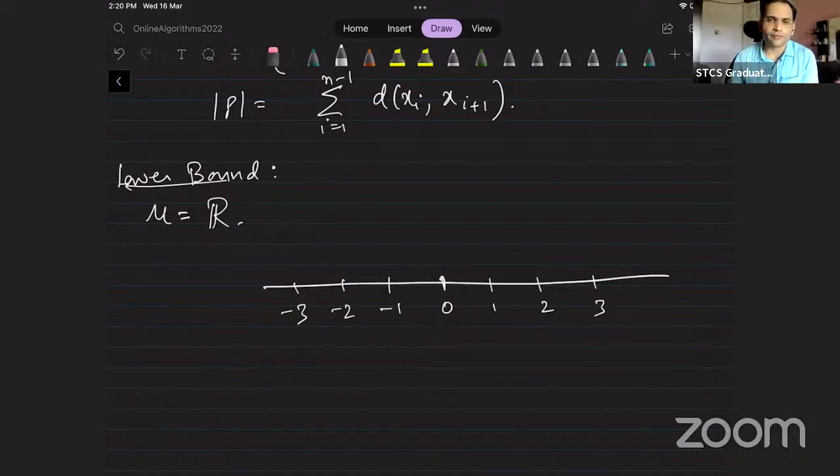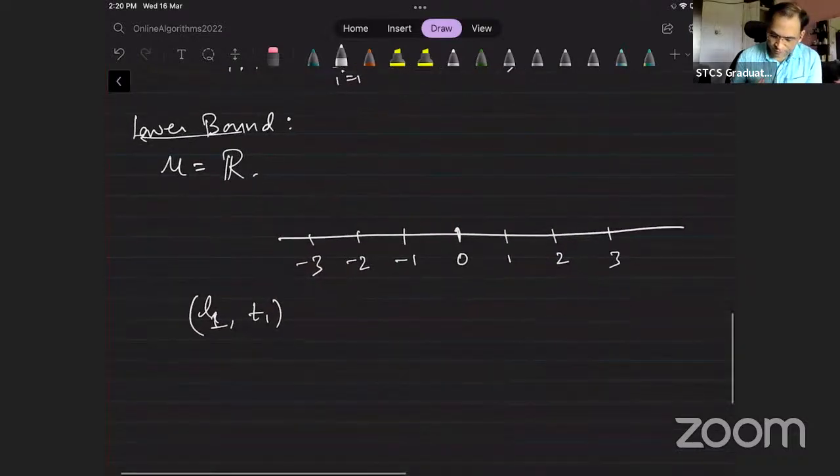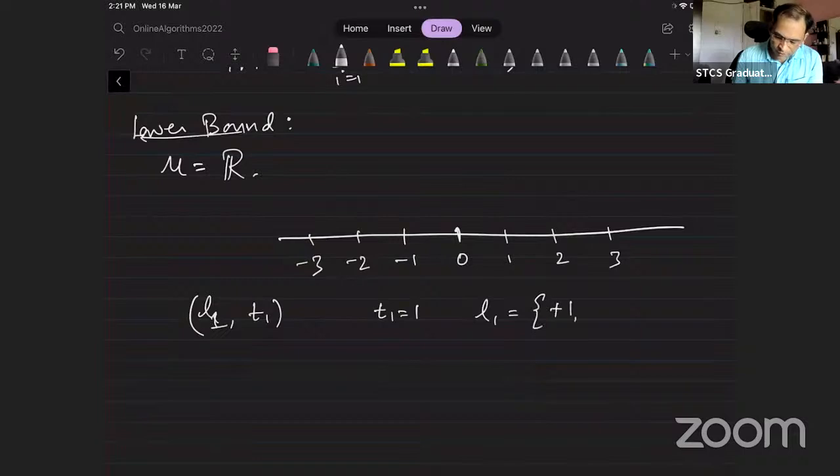Think of the simplest input you can think of. How do you fool an algorithm? Tell me some value for L1 and T1. Let's say T1 is 1 and L1 is +1 or -1. Now can you tell me how to go ahead? What will the OPT do? OPT will know exactly what L1 is, while the input can be either +1 or -1.